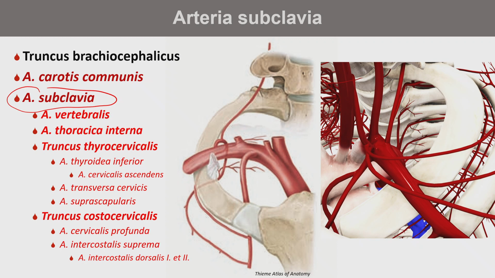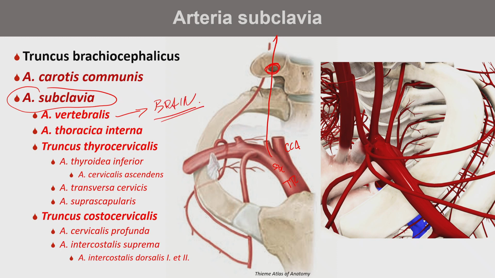The first branch is the vertebral artery. Here we have a brachiocephalic trunk. This is a common carotid artery, and here is a subclavian. The first branch, which is going up and going into the foramina of the transverse processes of the cervical vertebrae, is called the vertebral artery. The vertebral artery is supplying the brain.